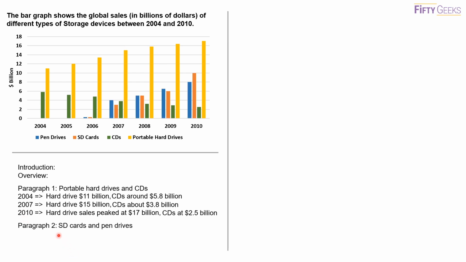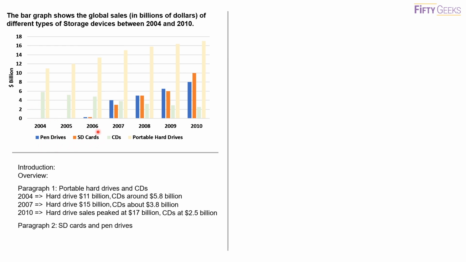After this, we will explain SD cards and pen drives in the second body paragraph. Here we will analyze the chart and find the main features. I can see that in 2004 and 2005, there was no data available for pen drives and SD cards.